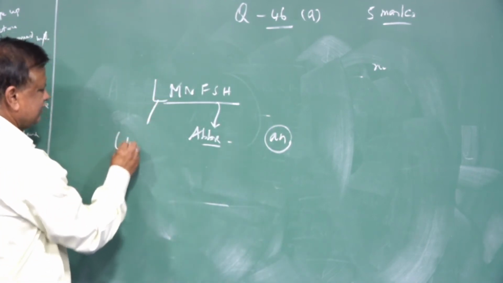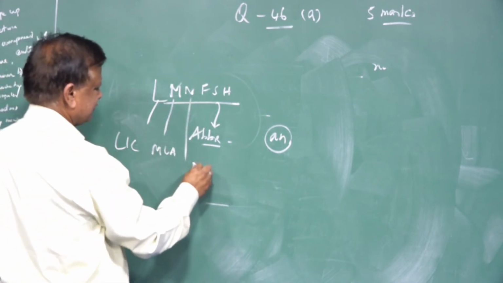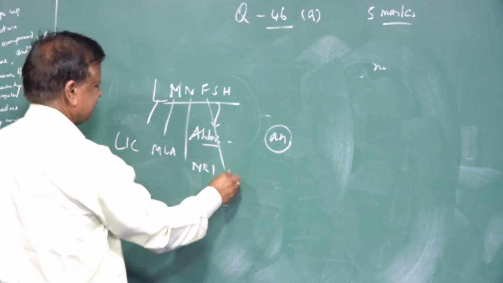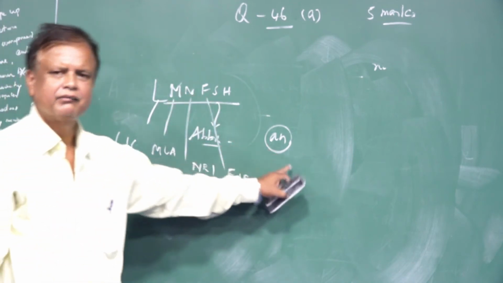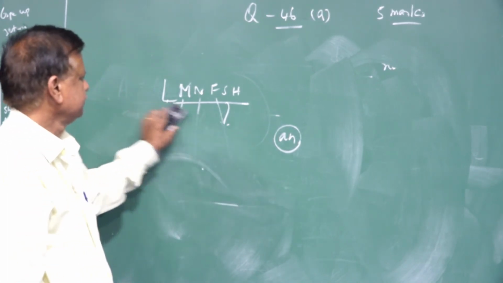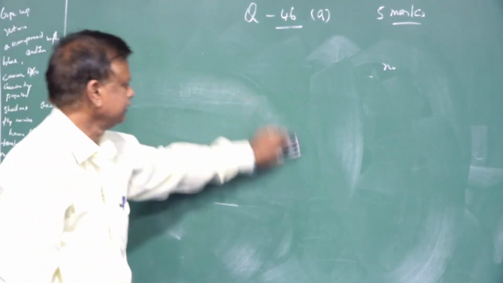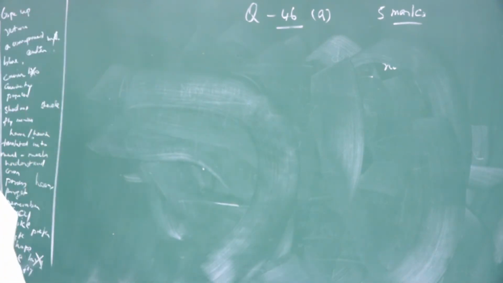Whether it is LIC, MLA, NRI, FI, or whatever it is, STD, HMT, you use AN blindly. So, these are the little things that you should remember regarding the articles.